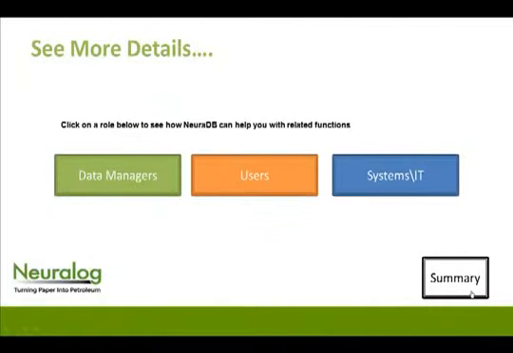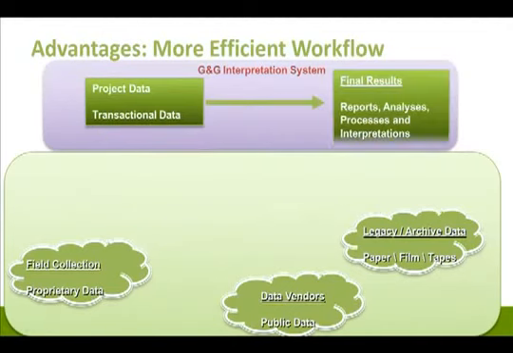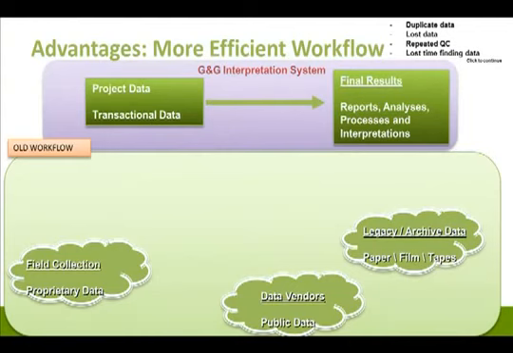Let's summarize the advantages of NeuroDB. The first one is a more efficient workflow. If you look at a traditional workflow, it requires collecting field data, data from vendors, legacy data, loading it into your project database, doing your G&G analysis, getting your results, finding more oil and gas.